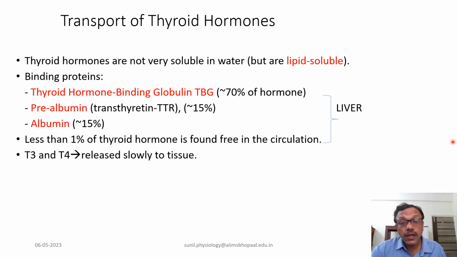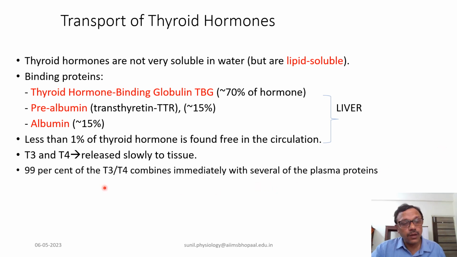Once T3 and T4 come out of the follicle, they combine with these three types of different proteins. Then within the cytoplasm of the cell, they again combine with different sites, and slowly from there they are released to the nucleus of the cell to produce various types of proteins. So they combine at two places, one in the blood and second in the cytoplasm of the cell.